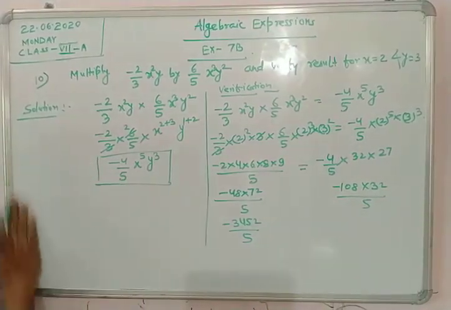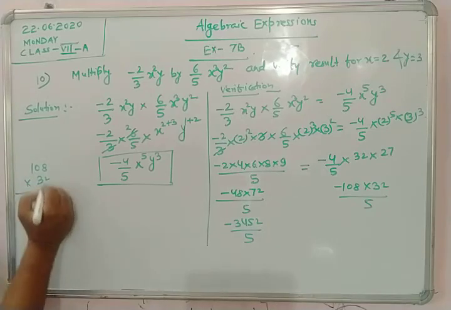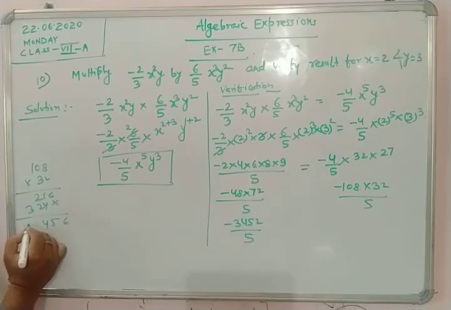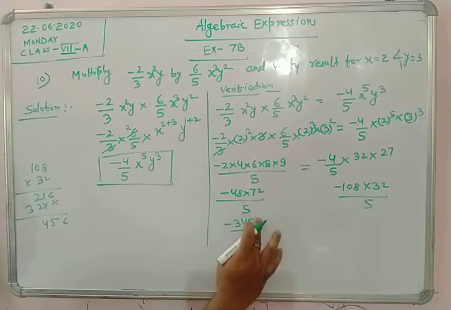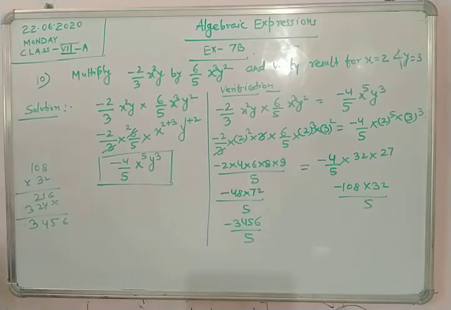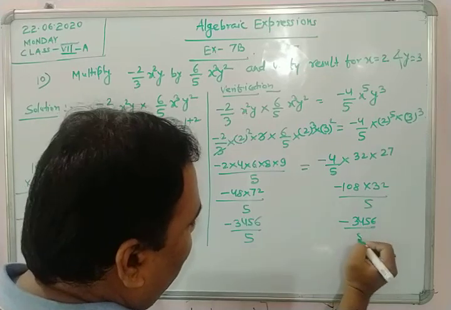One more multiplication. 108 into 32, that means 216 into, 6, 4 plus 1 is 5, 2 threes are 6. Sorry, 6 would be there. So this is also minus 3456 by 5.